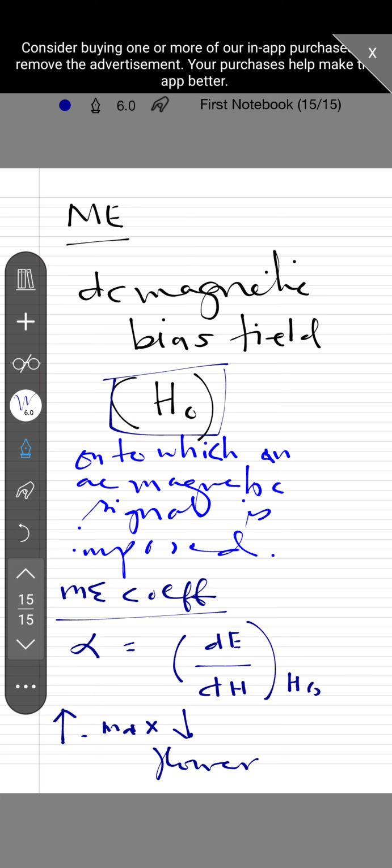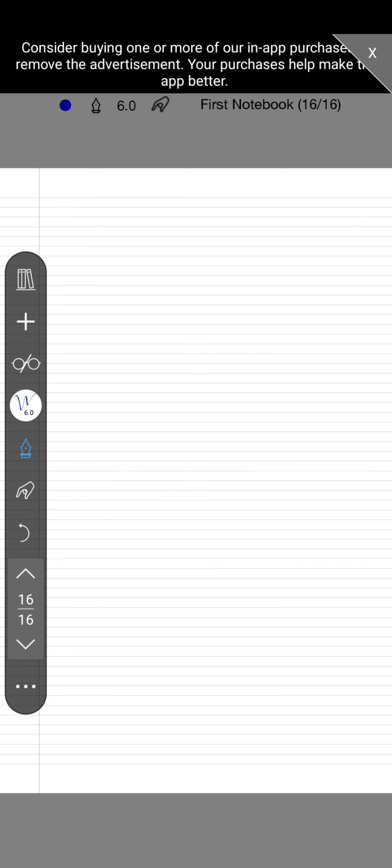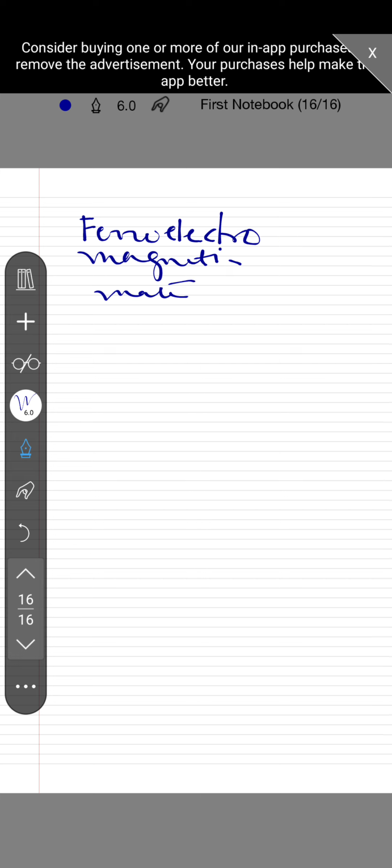Now, this magnetoelectric effect is exhibited by something called ferroelectromagnetic materials, in short called FEM materials.